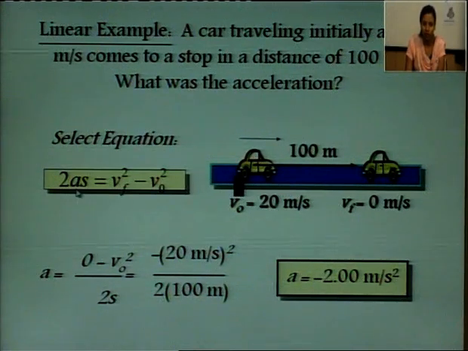So, 2 into a, s is 100, is equal to 0 squared minus 20 squared. So, acceleration becomes minus 20² upon 2 into 100, which is minus 2. The minus sign signifies that the velocity is decreasing, that the body is decelerating from one point to another.